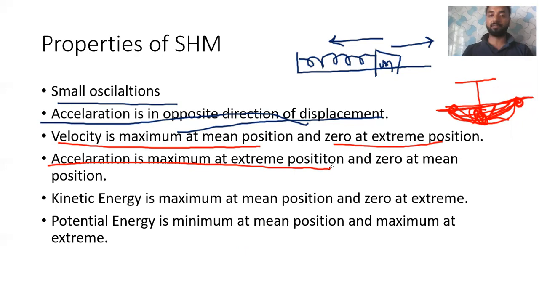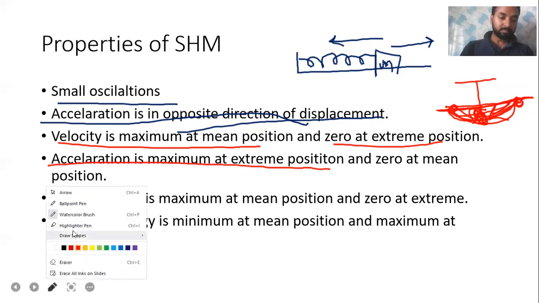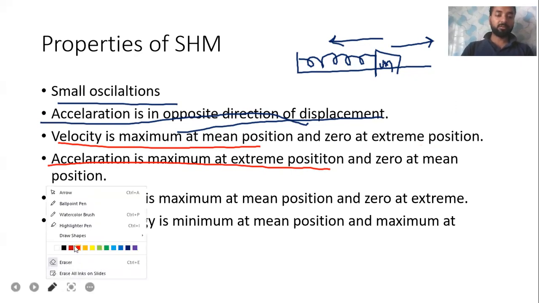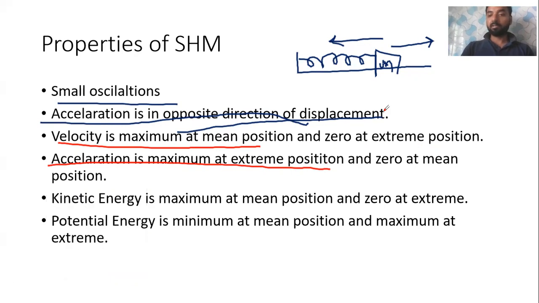Now acceleration is maximum at extreme position. It is the reverse of velocity. Why? Because I told you that acceleration is in the opposite direction of displacement. So where the displacement is maximum, the acceleration will be maximum.